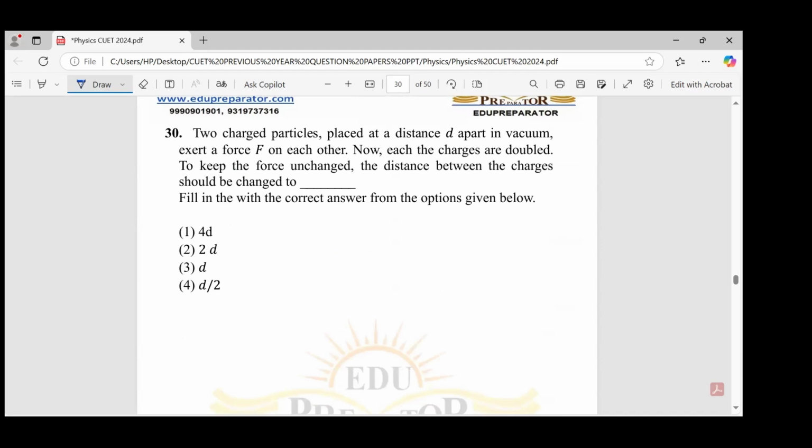The thirtieth question is based on Coulomb's law. We know the formula, right? F is equal to K Q1 Q2 by R square. He says the charge on each is doubled. So the charge on each being doubled, the new force will become K into 2Q1 into 2Q2 upon D square.